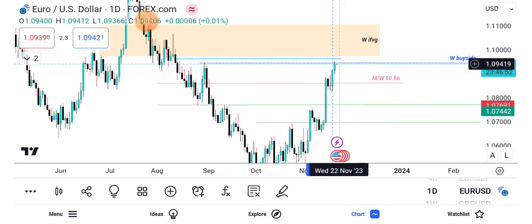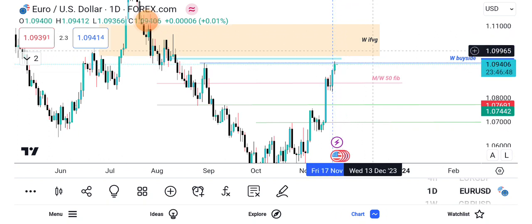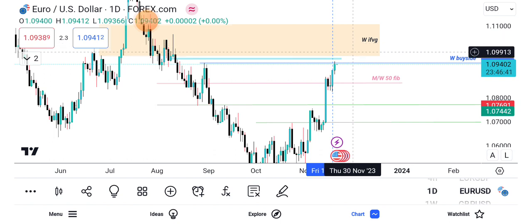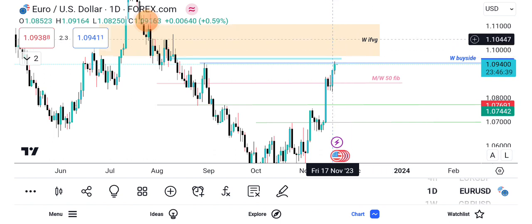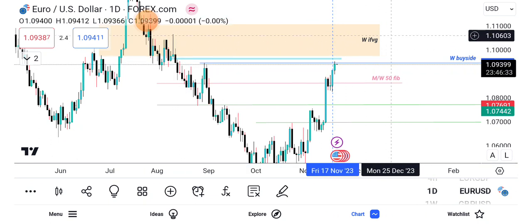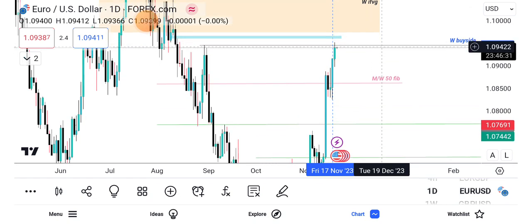We have engaged them here, but not fully. I would like to see higher prices into these, as DXY retraces to the sell side liquidity, and maybe engage these above here. Then we can expect a retracement lower.